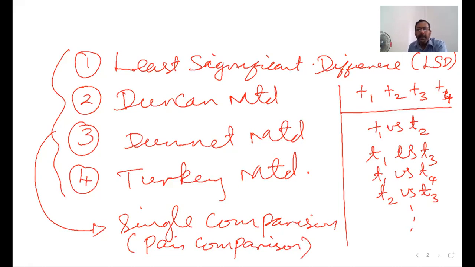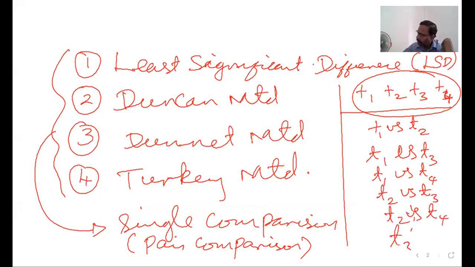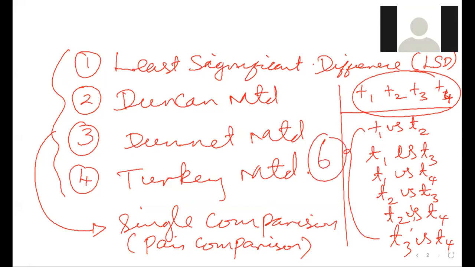How many comparisons are possible in this example with 4 treatments? At a time, we take only 2. How many possible pairs are there for comparison? 6 comparisons. 6 possible comparisons.